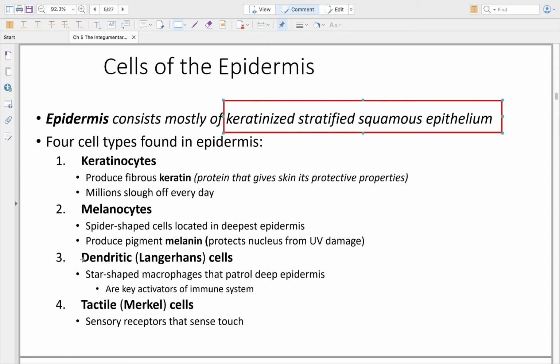The dendritic Langerhans cells will just phagocytose an invader. Then we have tactile cells, also called Merkel cells. Basically, these are sensory receptors, and we're going to take a look at those. All right, so there are four cells found in the epidermis: keratinocytes, melanocytes, dendritic Langerhans cells, and tactile Merkel cells.